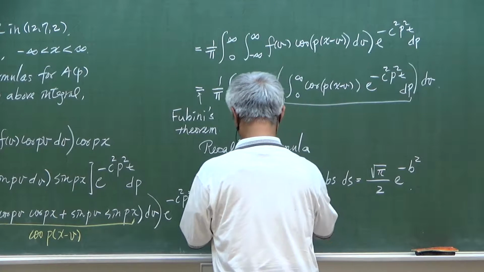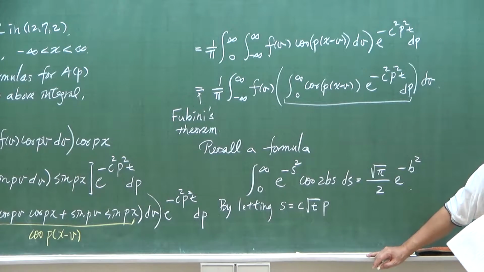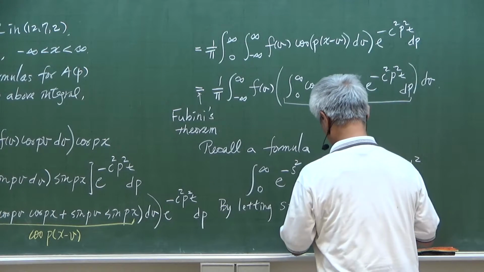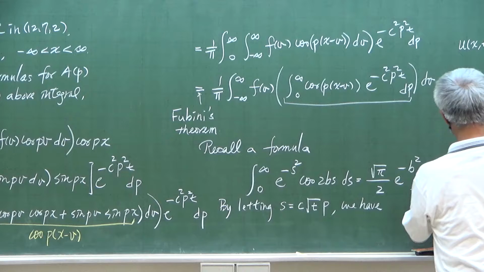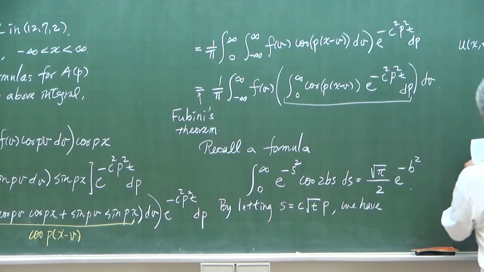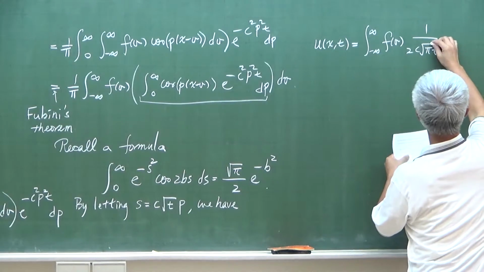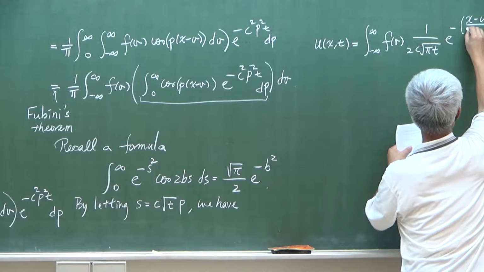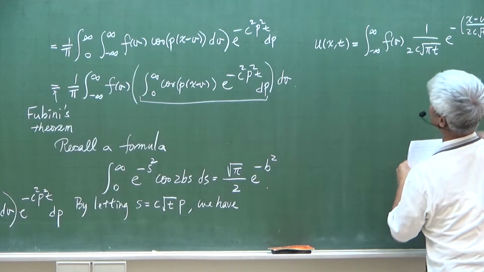By letting s equal to c square root of t times p, remember t is greater than or equal to 0, we have u(x,t) equal to the integral of f(v) 1 over 2c square root of pi t, exponential minus (x minus v) over 2c square root of t, squared, dv.